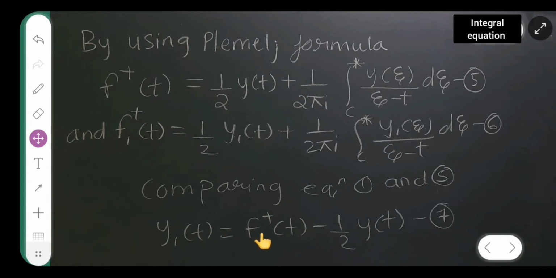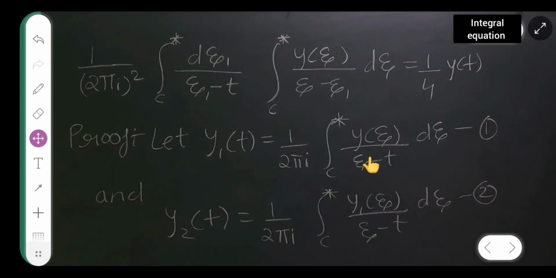See, f plus of t is equal to half y of t plus the integral part. This half y of t I brought to this side, so it becomes minus half y of t. Now what I have done for this 1 upon 2 pi integral from c to star is from equation 1. So what is my equation 1 over here?